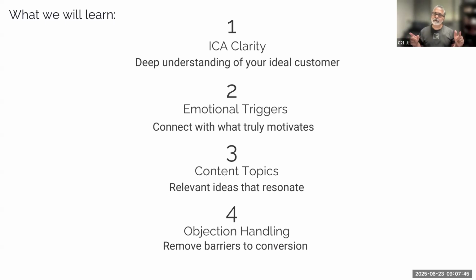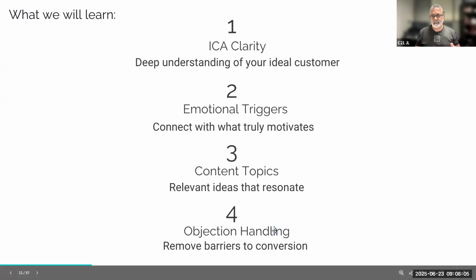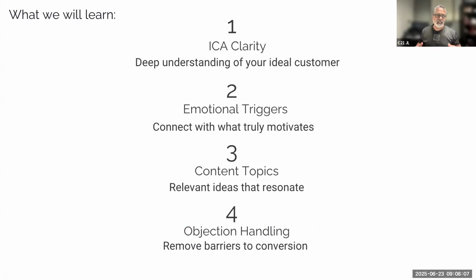If they're scrolling social media and they see a post that hits an emotional trigger, they're gonna stop scrolling because, boom, they're like, whoa, hold on, let me read this, because you just hit a trigger point. Then figure out what the objections are and remove the barriers to those objections.